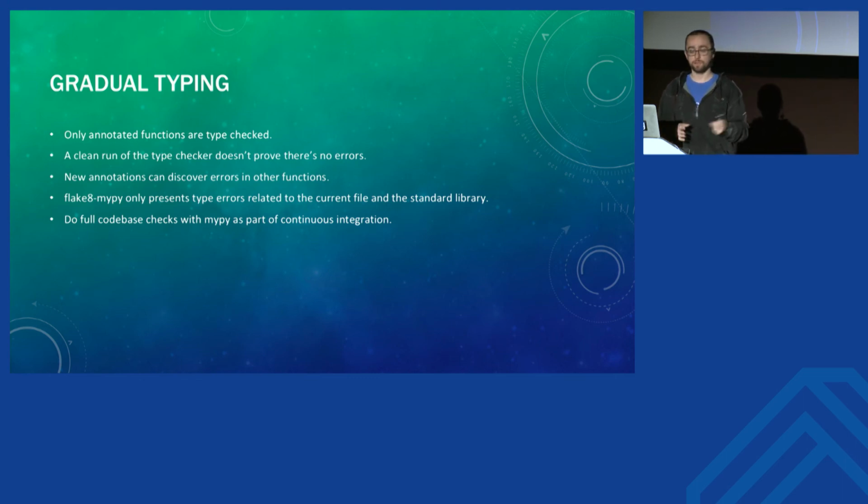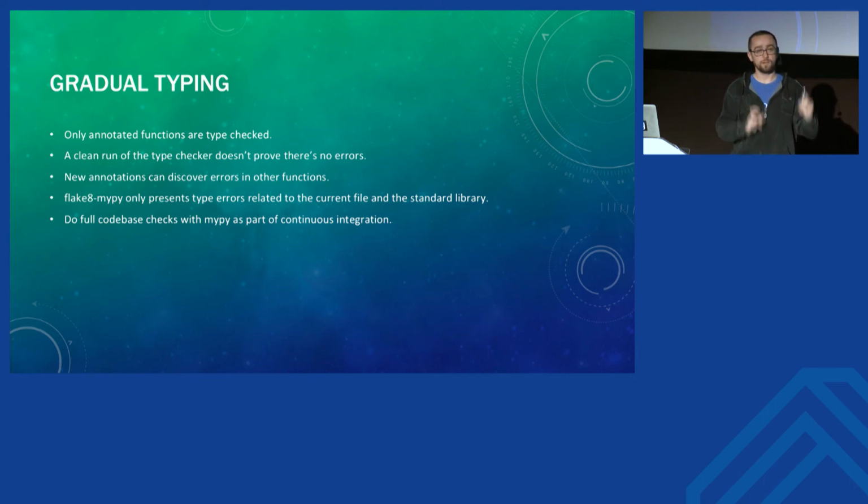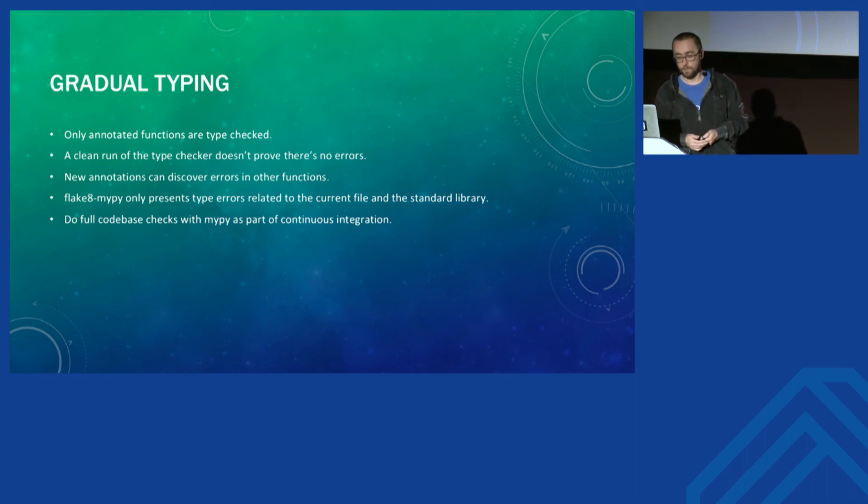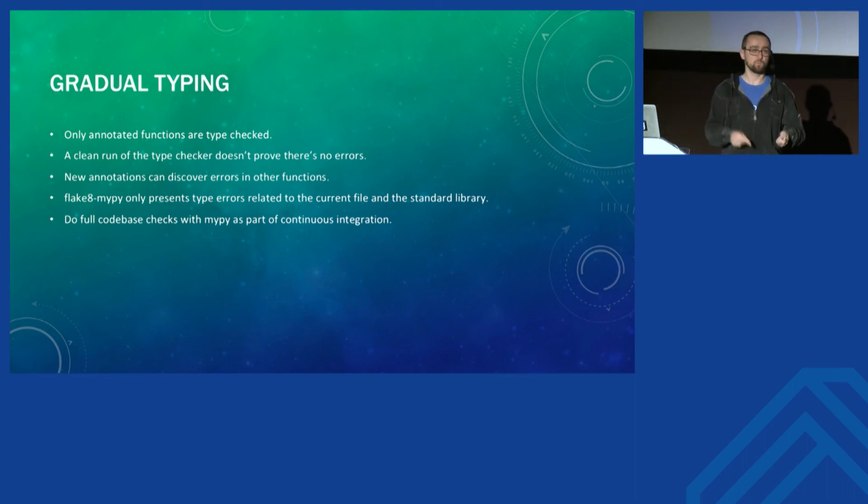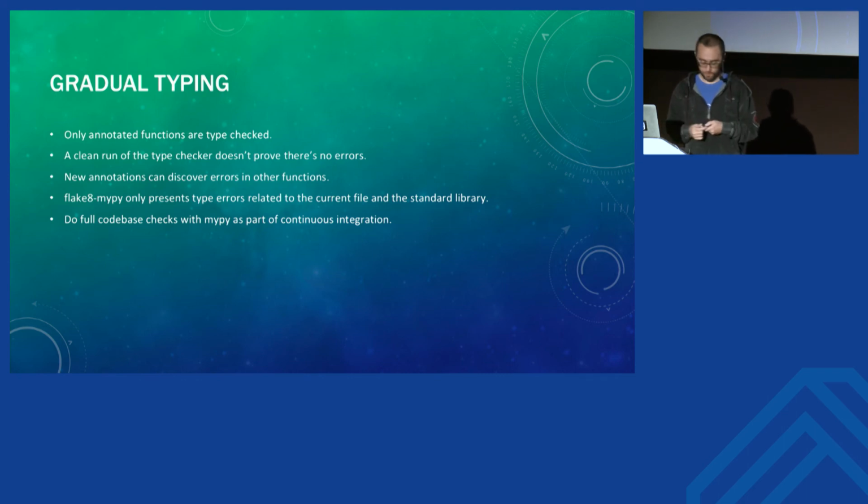So the ordering here is pretty important. And some of the plugins like Flake8 MyPy only present type errors related to the file you're looking at, because the focus there is performance rather than completeness. And a full code-base check is what you're here for. You should totally do it. Continuous integration is how you would do it.